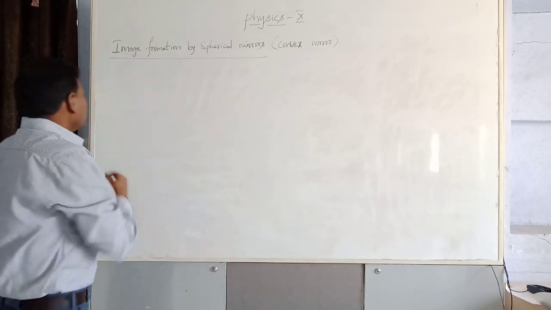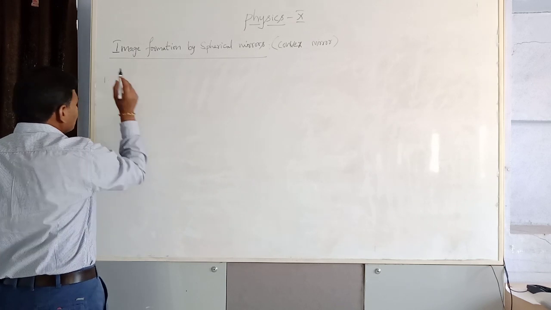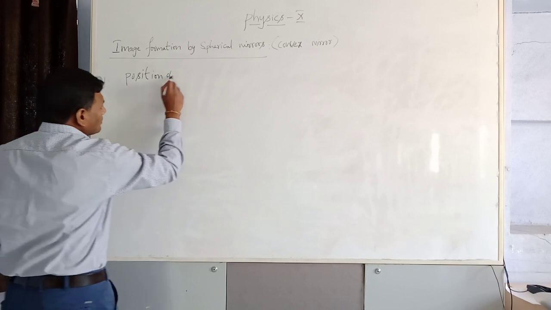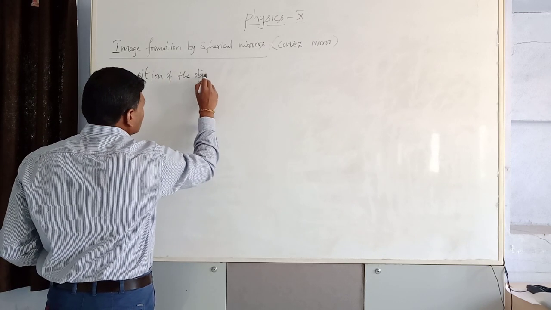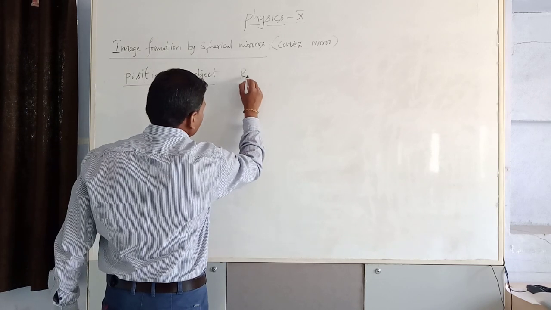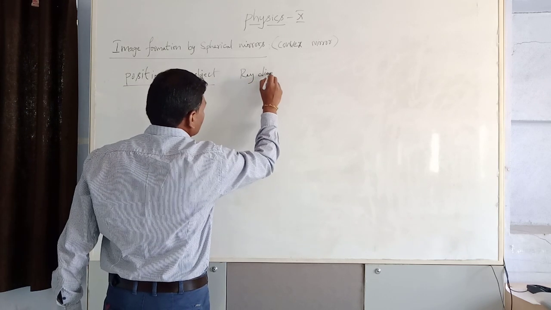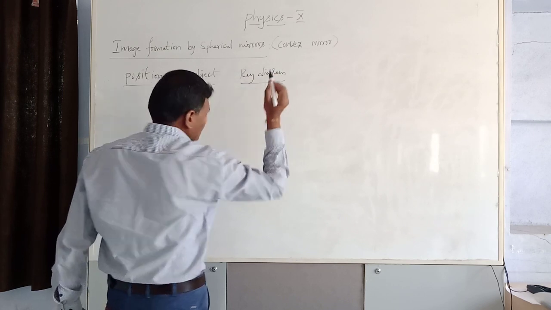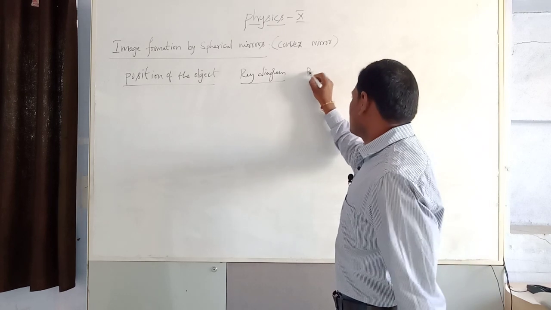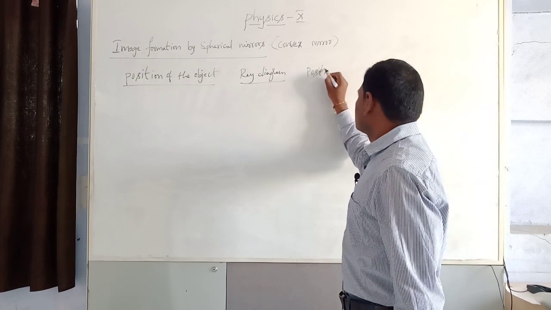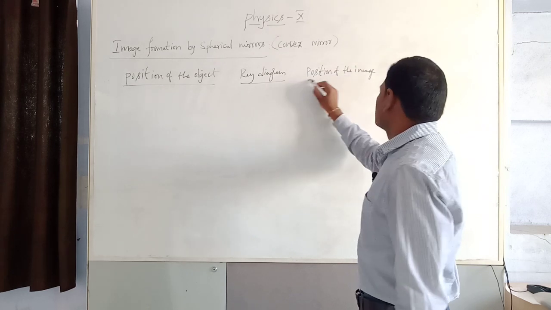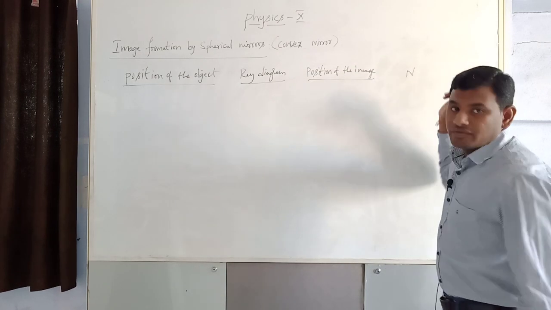Let us see this. First one, position of the object, ray diagram, next, position of the image, size and nature of the image.